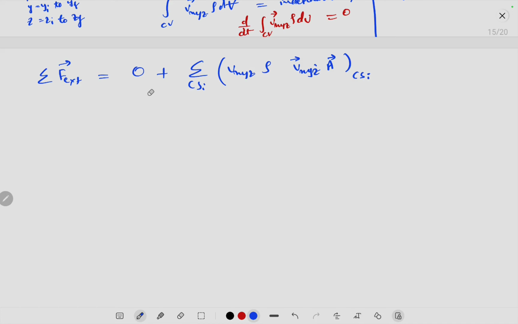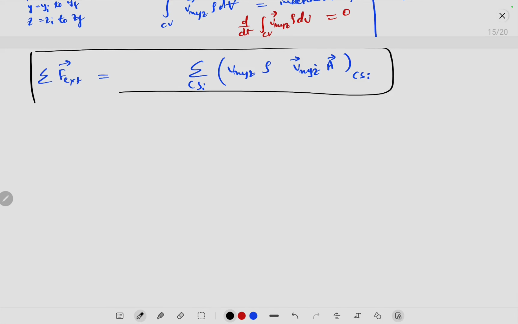Okay. So this is the expression that we will get for incompressible, steady state and uniform flow.